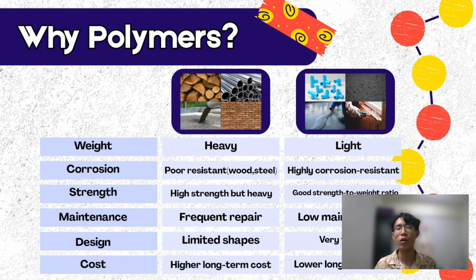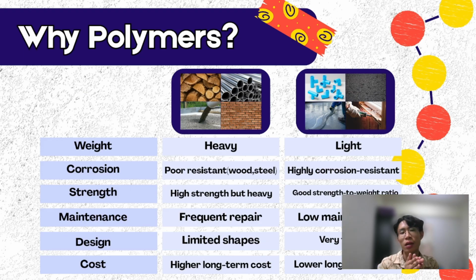So why are we increasingly using polymer-based materials compared to traditional construction materials? We are judging from 6 different factors, including weight, corrosion, strength, maintenance, design, and cost. Overall, polymers perform better than traditional construction materials.